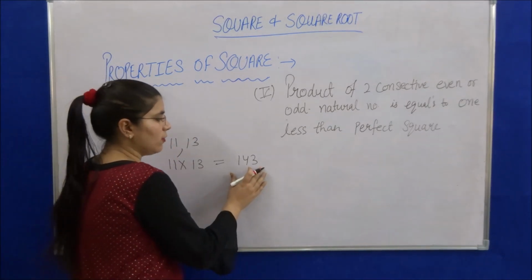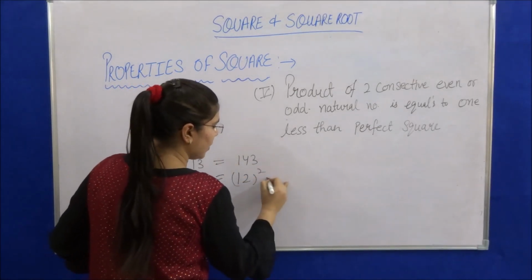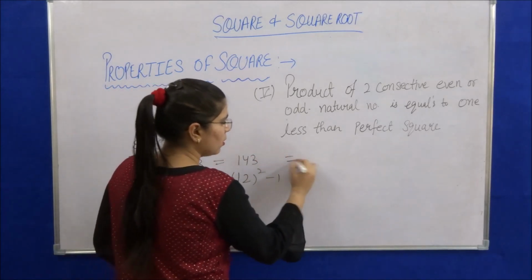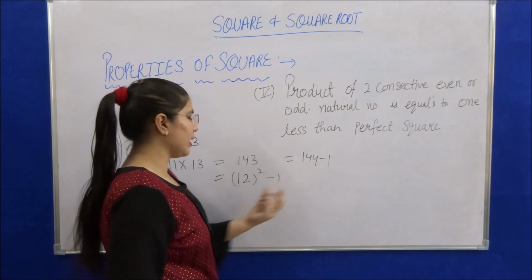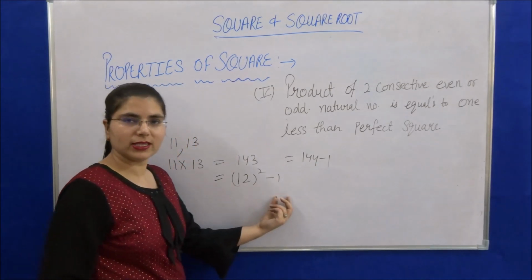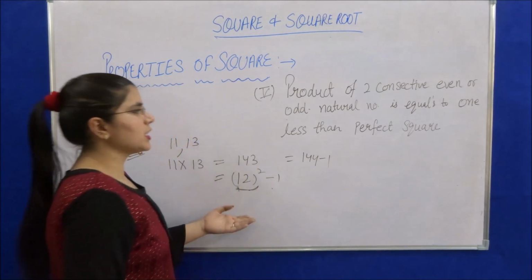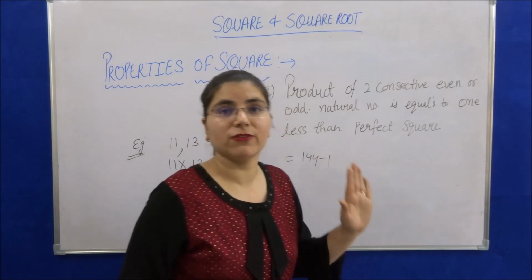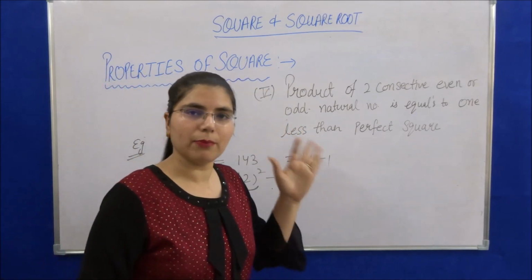So here 143 can be expressed as 12 square minus 1. That is 143 equal to 144 minus 1. So here 144 can be expressed as 12 square. So this is a perfect square minus 1. So which explains our property, that is product of two consecutive even or odd numbers is equal to 1 less than the perfect square.